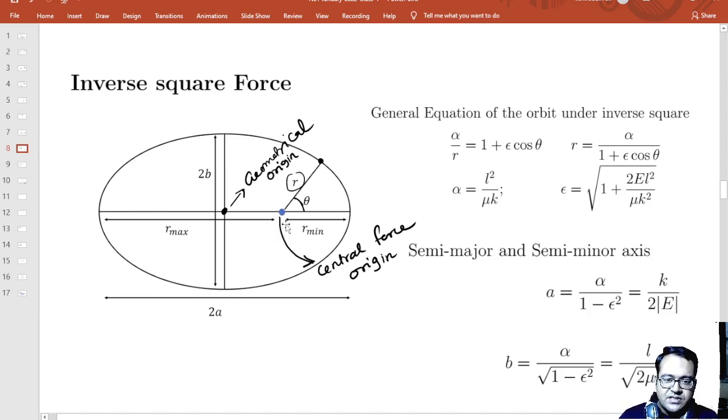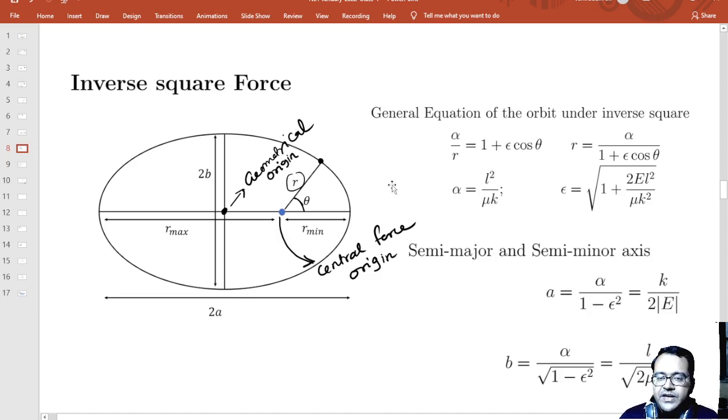We have two positions, one where r is minimum, another where r is maximum, and we define the semi-major axis from these: r max plus r min is 2a, and along the y-axis at the geometrical center, this will have 2b. So this is the geometrical structure of an elliptical orbit.